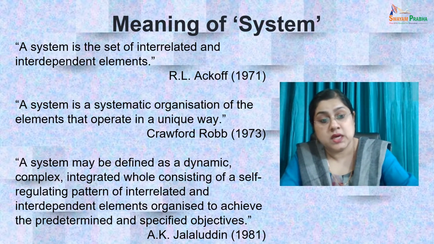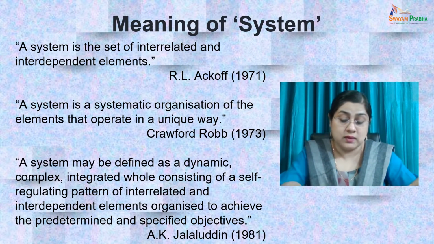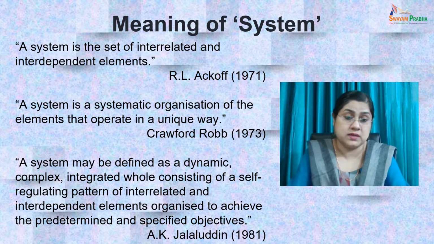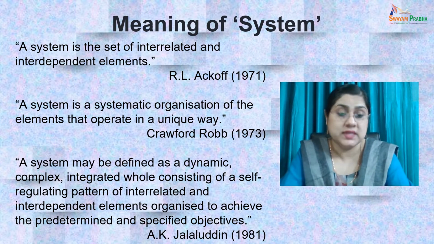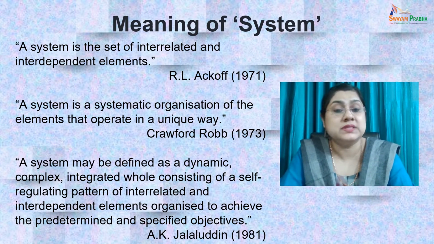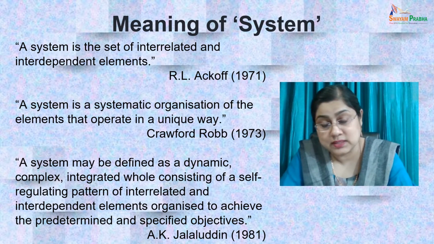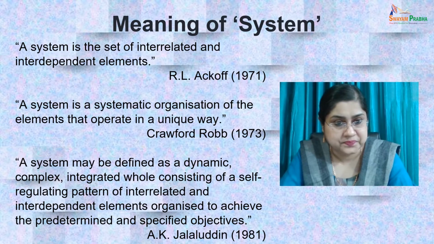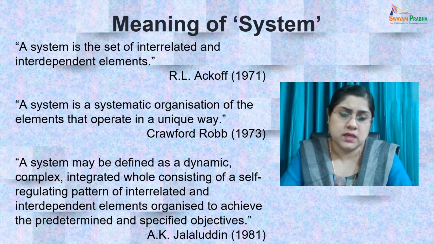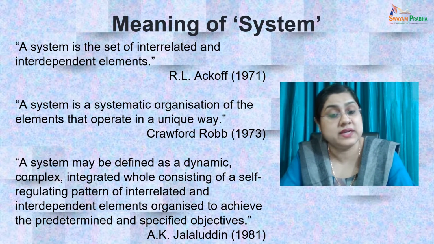It can be an integrated whole, meaning there will be separate parts clubbed together to make an integrated whole, and it should be self-regulating. The interrelation and interdependence is a must. So here he also talks about how a system always works on some predetermined and specified objectives.